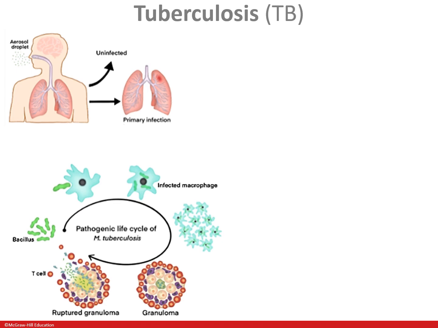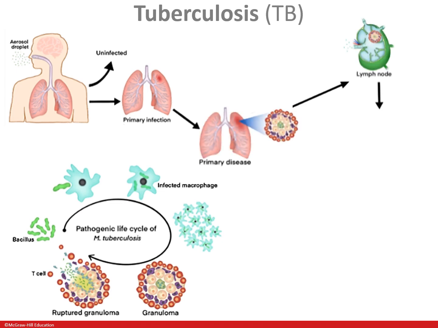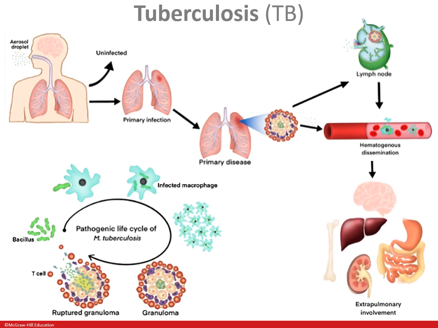In people whose immune system is immunocompromised, that granuloma can rupture. It's not able to retain those bacteria in the lungs, and then they escape. And so if they find their way to a lymph node or a bloodstream, they can disseminate and find their way into other tissues.